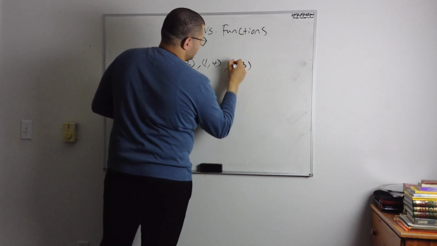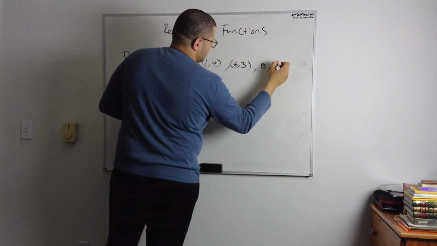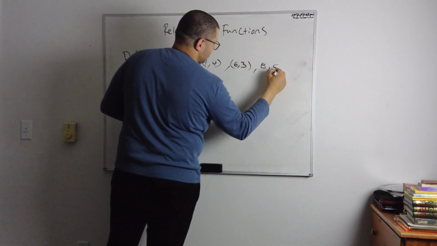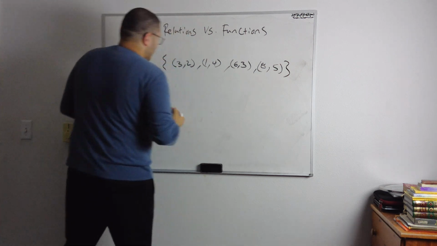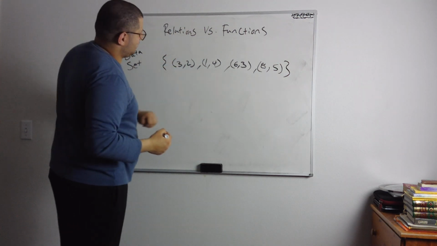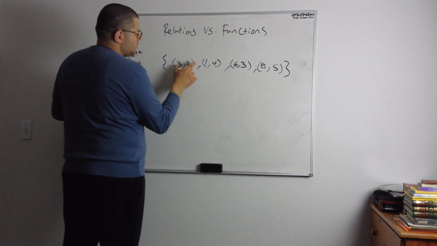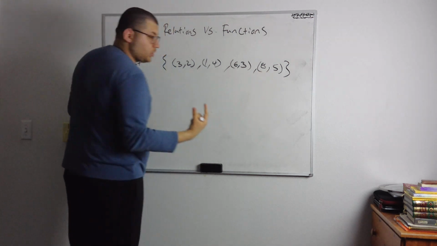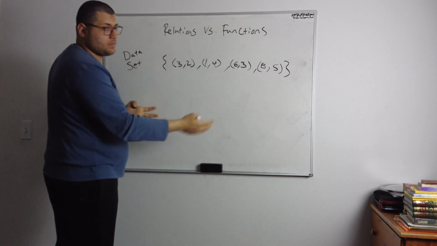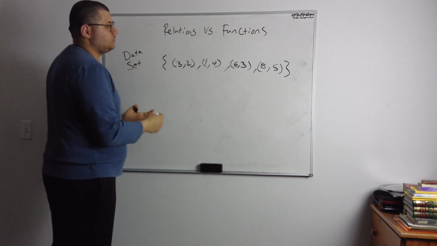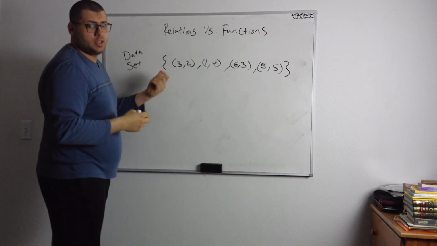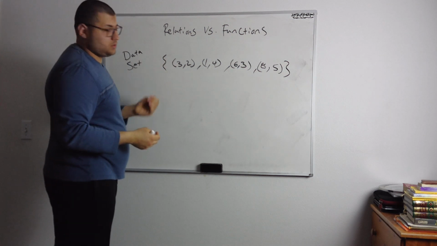So let's say you have (3, 2), (1, 4), (6, 3), (8, 5). Okay, we have a dataset. It has how many coordinates? 1, 2, 3, 4. Four coordinates. We can just look at this and determine if it's a relation or function.